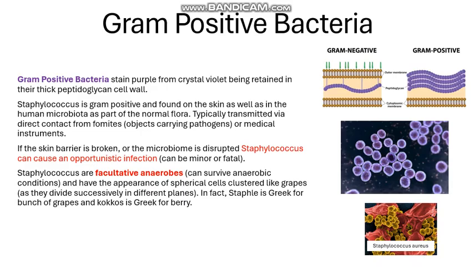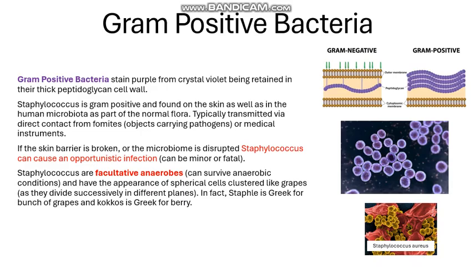So a gram-positive bacteria will stain purple from the gram staining process because crystal violet is retained within the thick peptidoglycan cell wall. If we look at this image on the top right here, we can see the outer structure of the gram-negative and gram-positive bacteria. We can see the gram-positive bacteria has a lot of peptidoglycan in its cell wall.